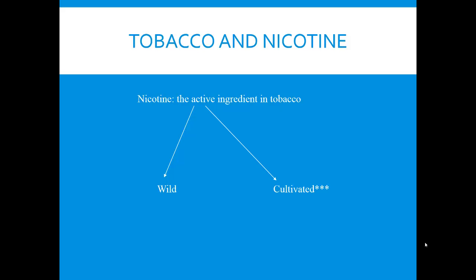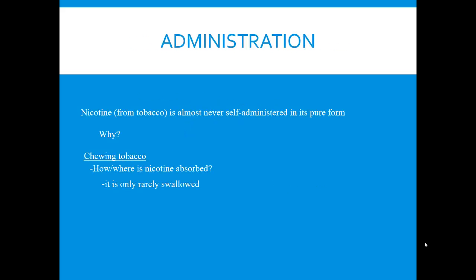Tobacco grows in the wild, but if you have tobacco farmers, they can breed plants that can yield higher nicotine contents. So that's just to remind you that in the cultivated forms of tobacco, you can have plants that will have higher nicotine yields.